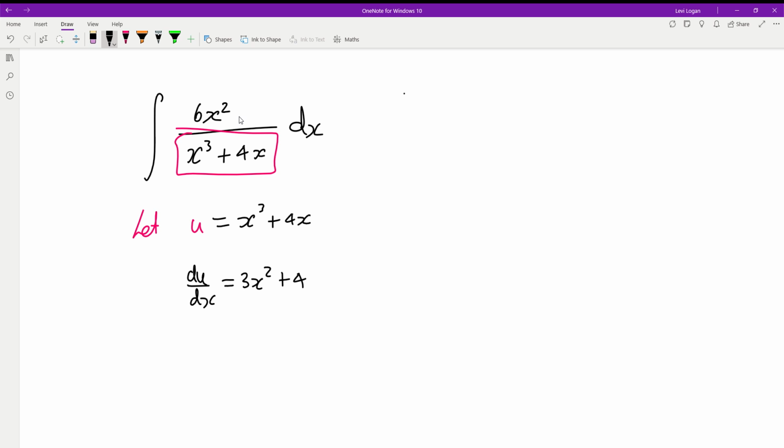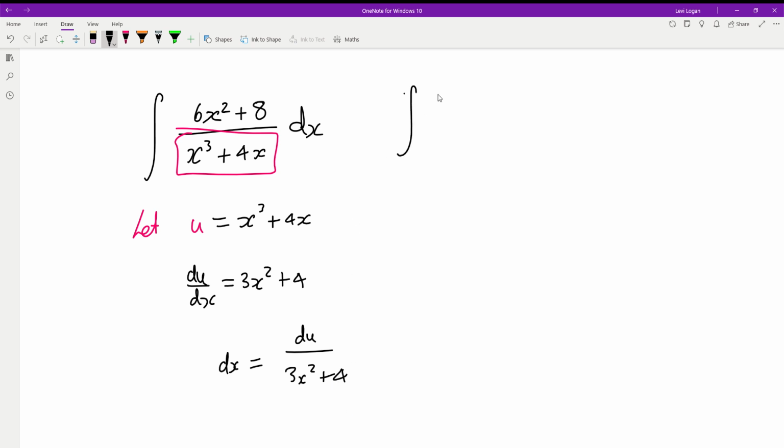Let's add in a plus 1, double, just a slight error with this one, plus 8. Okay, so rearrange it and make dx equal du on 3x squared plus 4.